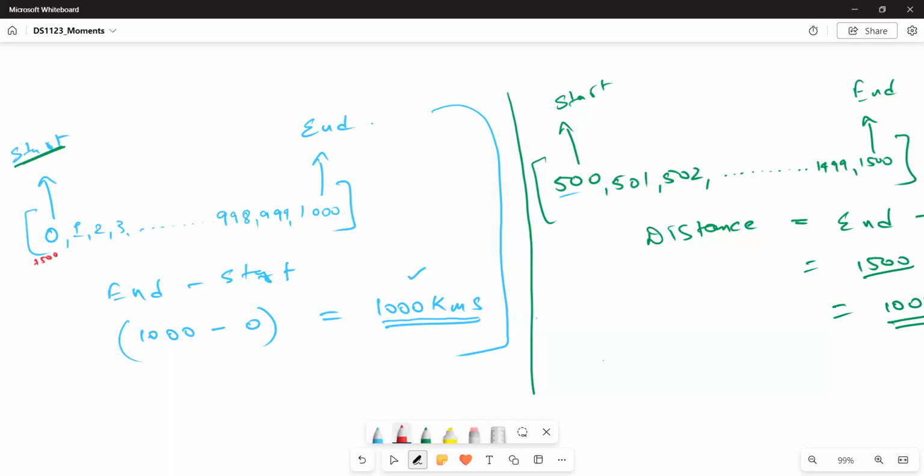Plus 500 to 0, plus 500 to 1, plus 500 to 2, and so on. Simply add 500 to every number, and you'll see that the end number becomes 1500 and the first number becomes 500. And you can get this data where we were talking about starting the counting from 500 itself. Do you agree to this? If I add 500 to every number, I'll be able to get this data. So this is exactly what we are going to do.